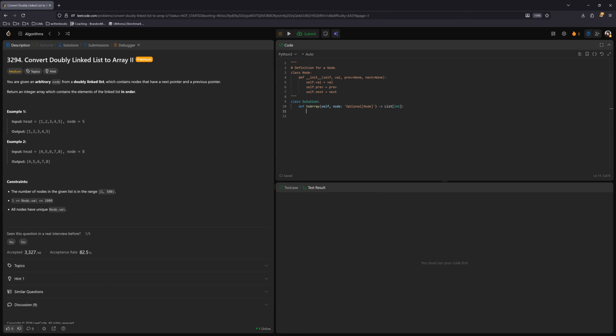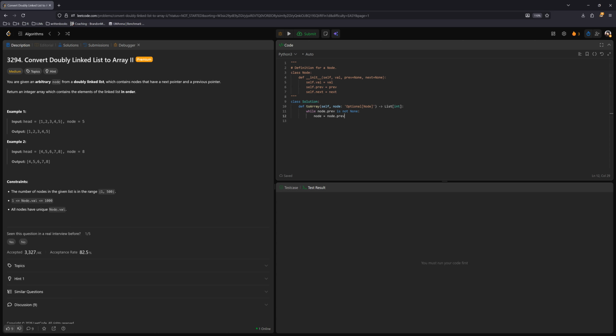Alright. While node dot previous is not none, well, okay, there's at least one node that's given.